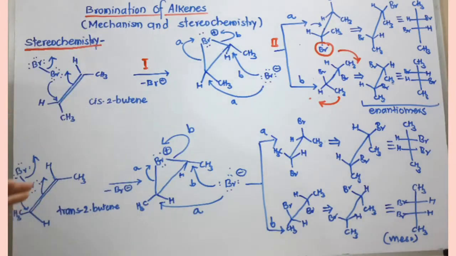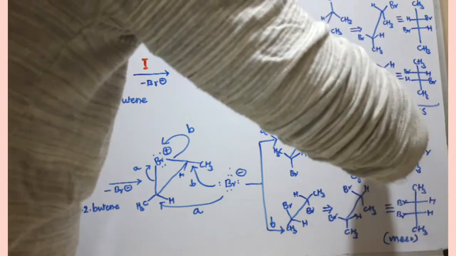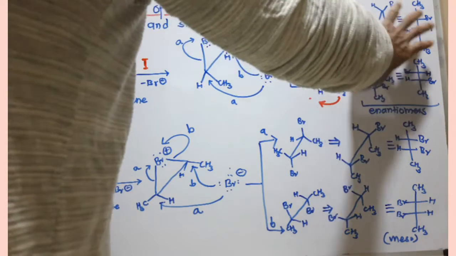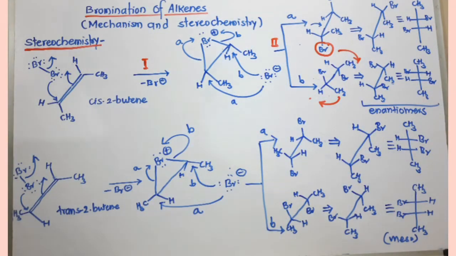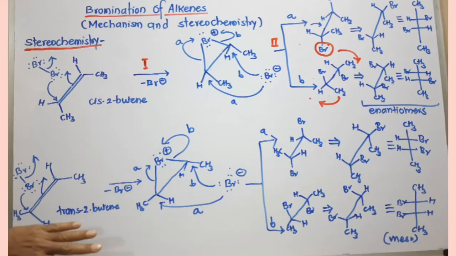So you remember one thing, cis alkene always gives enantiomers, that is plus and minus, a mixture of plus and minus. So enantiomers are formed. Now a similar attack I consider, by considering a different stereochemistry, trans-2-butene, where CH3 groups are toward the opposite side of the double bond.